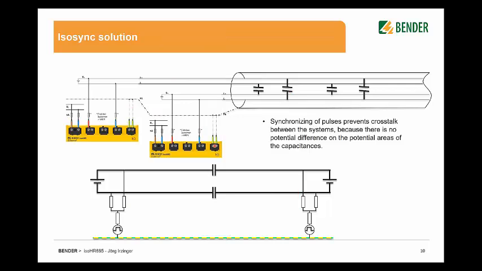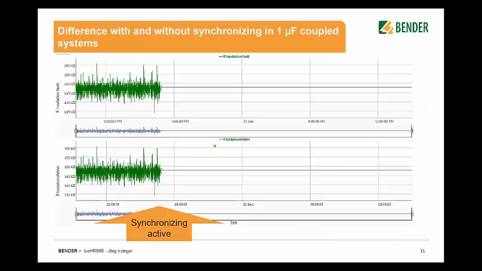And what we have done is that we synchronize the pulses. We have a kind of synchronization, and this prevents the crosstalk between the systems. So both IMDs are pulsing at the same time, and then we do not have crosstalk between the systems. That's the idea behind isoSync, which can be set up in the device.